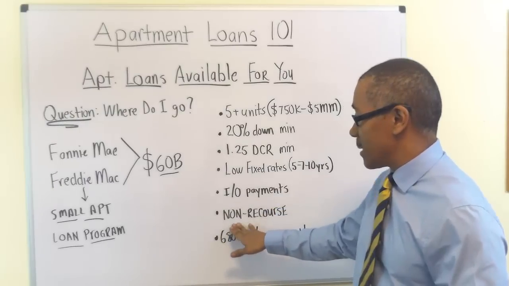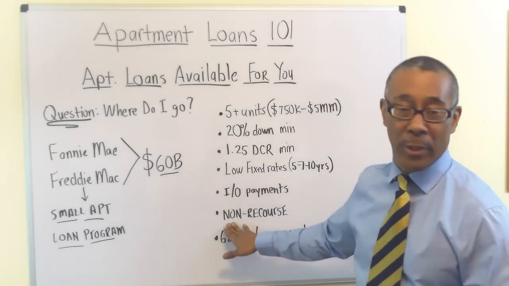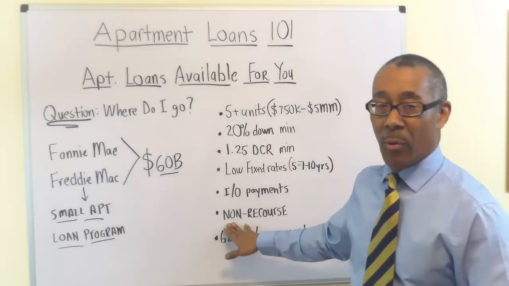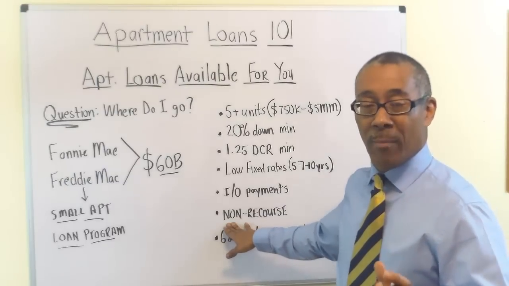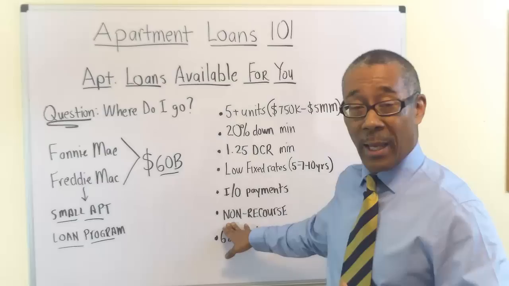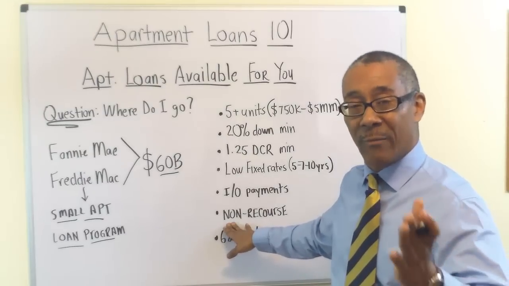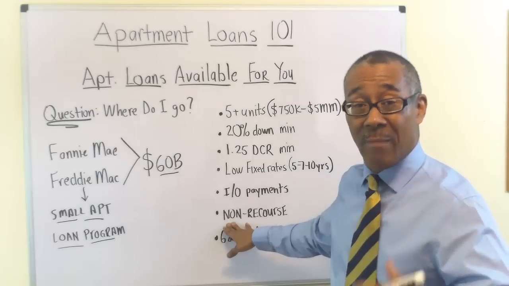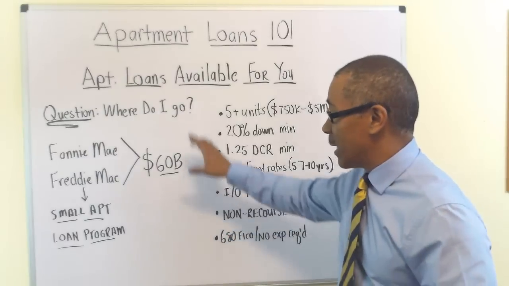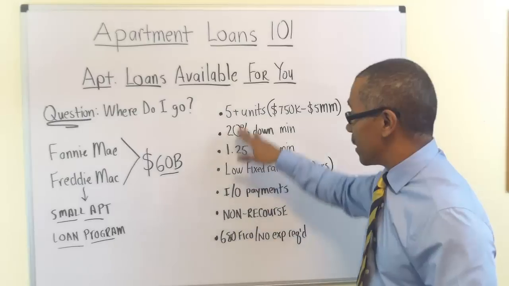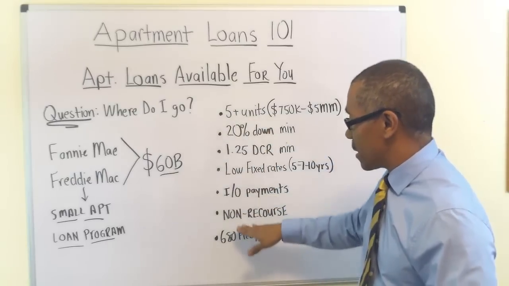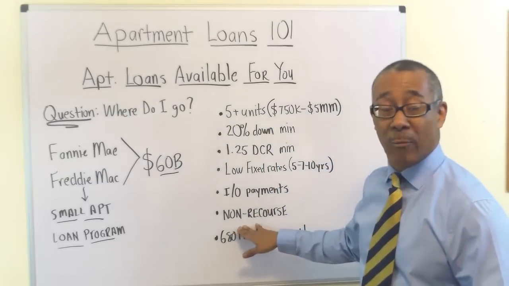All right, next is these loans are non-recourse. That's very important. All right. Now, if you were to buy a single-family home and you failed, the bank can come after and take the property back and then come after you. Right. So with these Fannie Mae loans, with this 5+ units, these loans are what we call non-recourse.